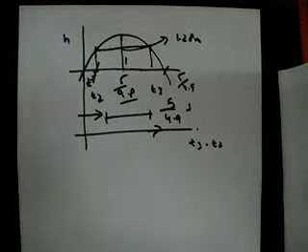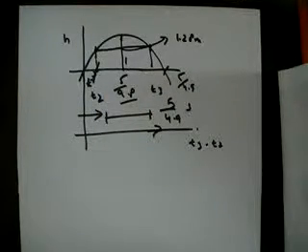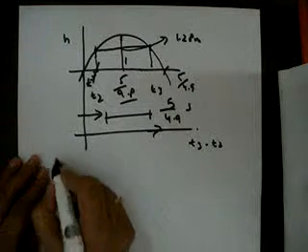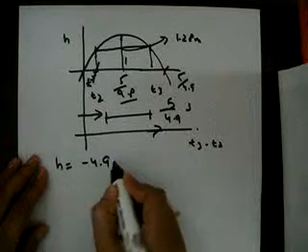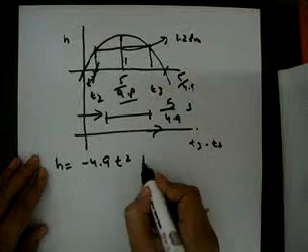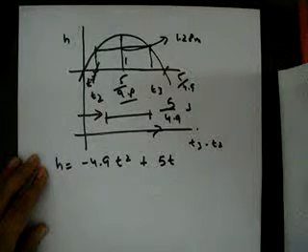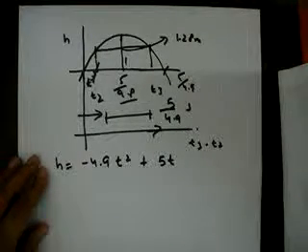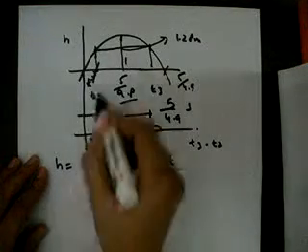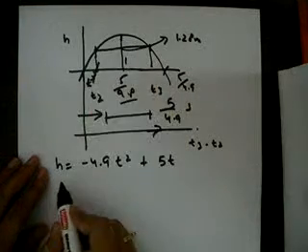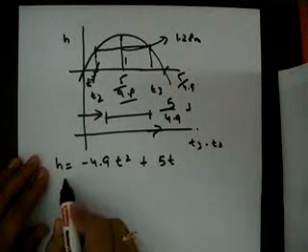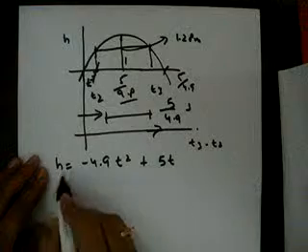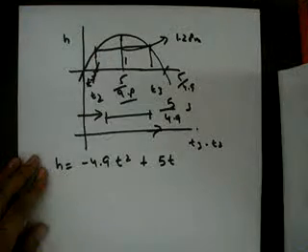So how to calculate this time? Say our equation was h equals minus 4.9 t square plus 5t. So we can just put h equal to 1 in this. So I want to know the time duration for which h equal to 1.